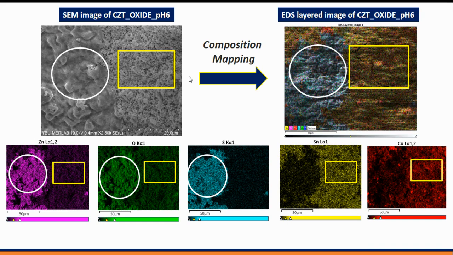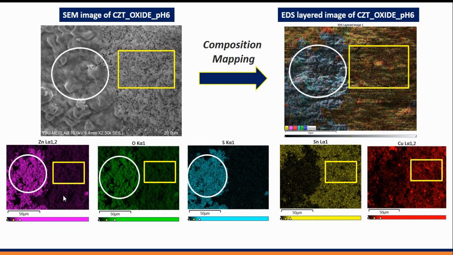And in these colorful images, you are seeing the single elemental EDS layer mapping corresponding to this first image. And as you can see, the zinc, oxygen, and sulfur are giving a brighter and more intense signal for the bigger particle region.